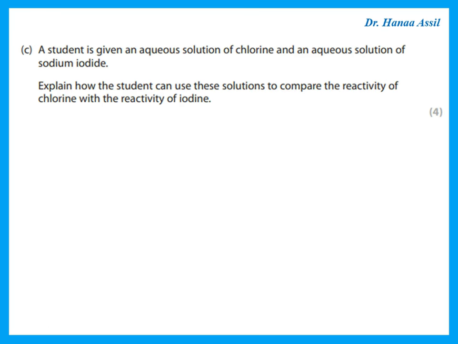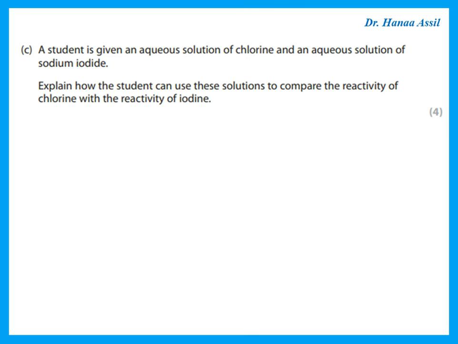Okay? A student is given an aqueous solution of chlorine and an aqueous solution of sodium iodide. Explain how the student can use these solutions to compare the reactivity of chlorine with the reactivity of iodine. So we have chlorine solution and sodium iodide solution.